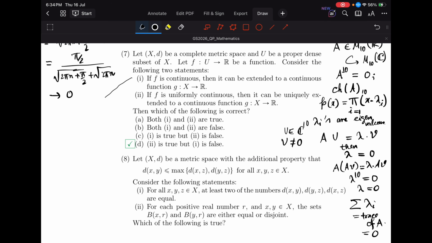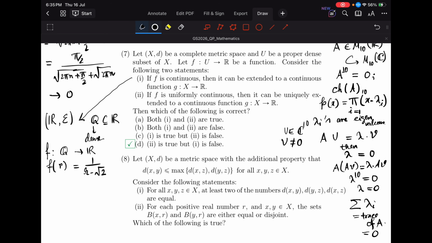So one is not correct. You can prove it immediately, right? Because R is a complete metric space with the usual Euclidean metric, and if you take a proper dense subset, which is Q, which is dense, and just define f from Q to R by f of r equal to 1 by (r minus root 2).